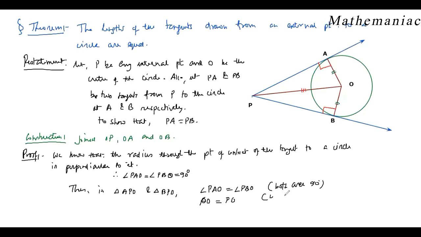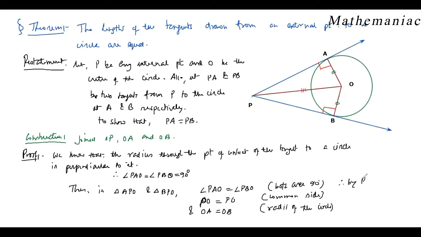It is what? Common side. And at last you will be getting OA equal to OB. It is what? Radii of the circle. So once you get this, what will be your ultimate observation?